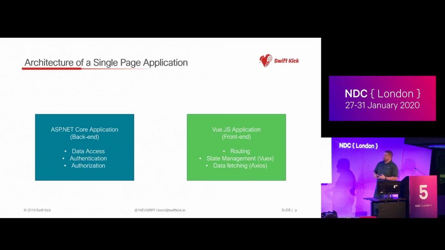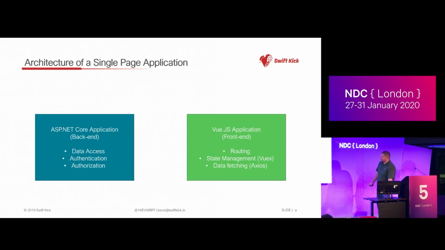Then my core application is also responsible for authentication and authorization. We'll talk more about this in a couple minutes. But if I'm going to access any of this data, I want to make sure I'm going through the correct firewalls. Do I have permission to do the actions that I want to do?